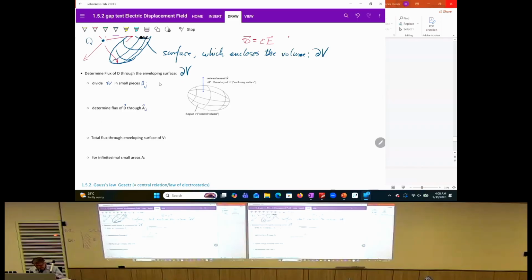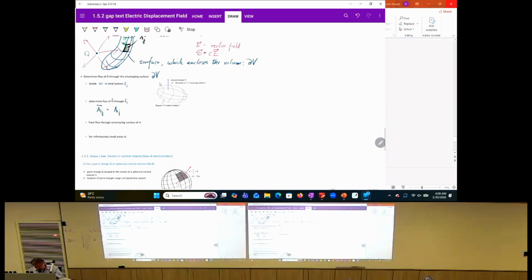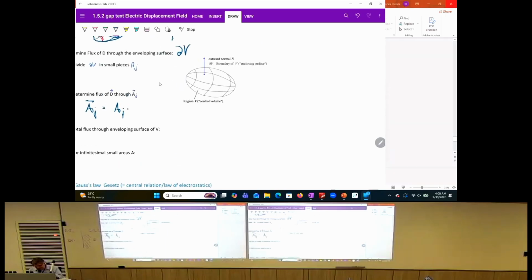And so we can give a vectorial surface element by writing here A sub j, the vector. This here is just the surface, but without orientation. And this is our normal vector, right?